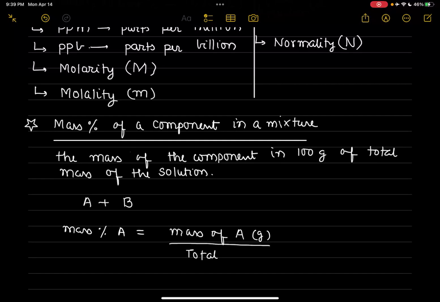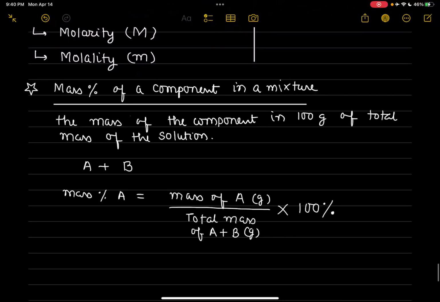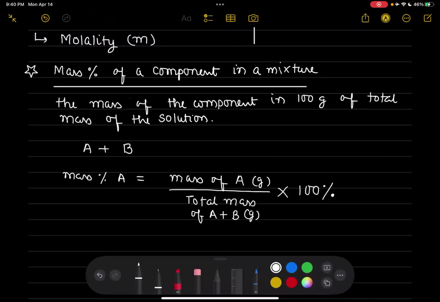So what I'm writing, is it clear or not?